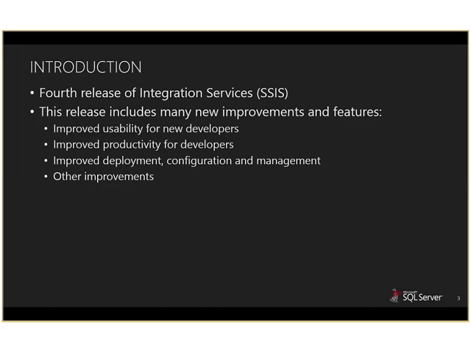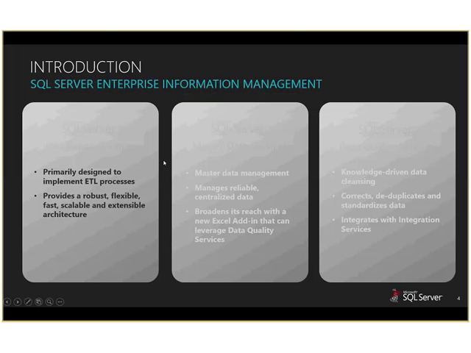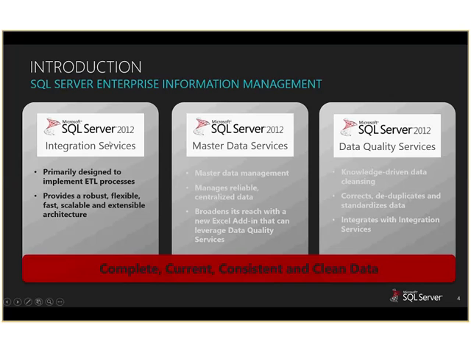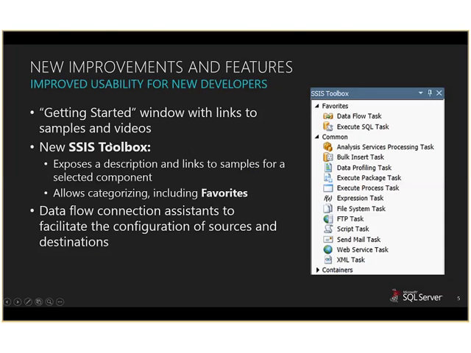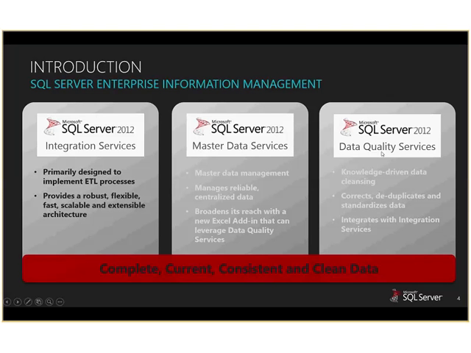So what did they give us here in 2012? Improved usability for developers, deployment configuration management. The big thing, and this is meant to integrate with master data services and data quality services to give us complete, consistent, clean data for our ETL processes and things like our data warehouse.